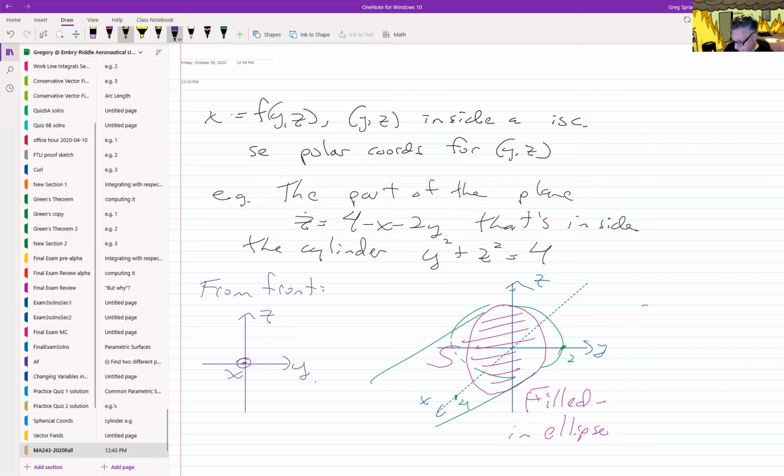What I see from the front is a disc of radius 2.